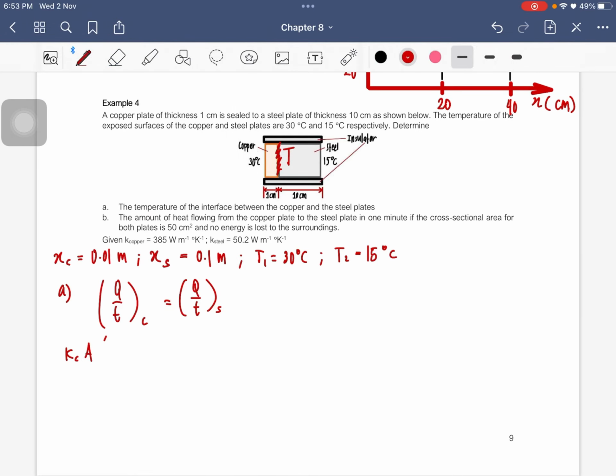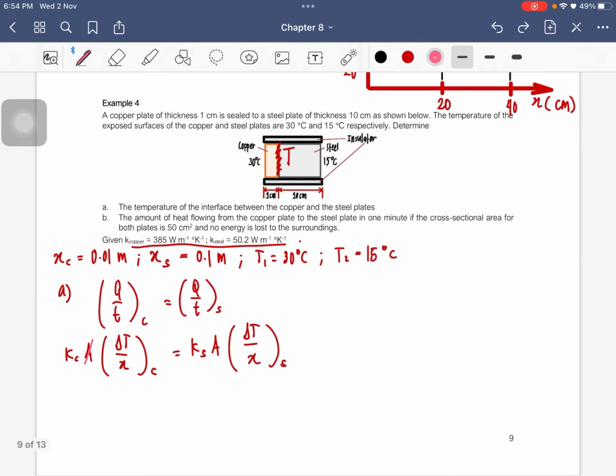So this is A, this is delta T over X for copper, K_S A delta T over X for steel. The thermal conductivity is given there.